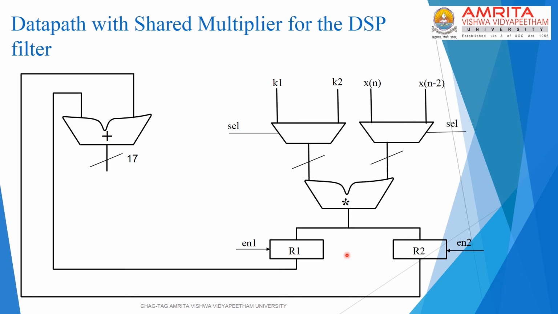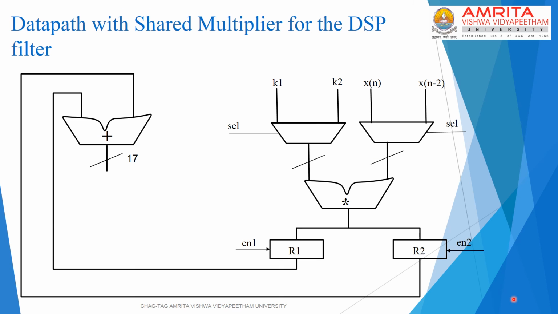And the enable for the second register is now asserted because at the end of this cycle, we need to load this register R2 with the result of the second multiplication. Finally, in the third cycle, we deassert both the enables because we want the registers to hold their data. And of course, the cell is a don't care, so we can either add a 0 or a 1 to the cell line in this cycle.